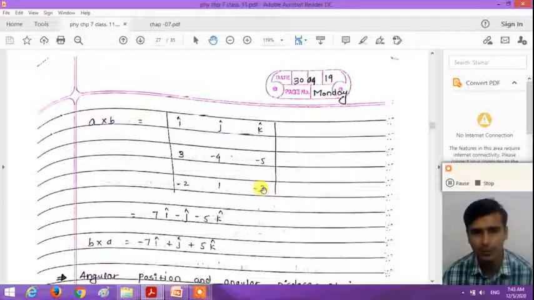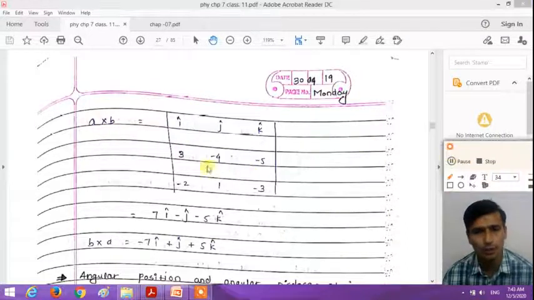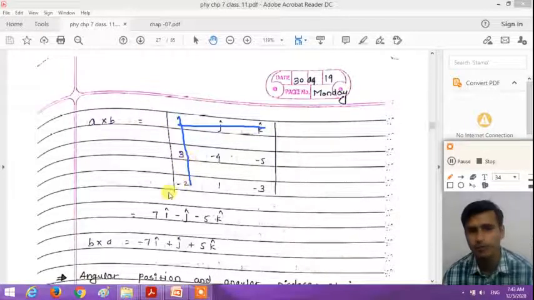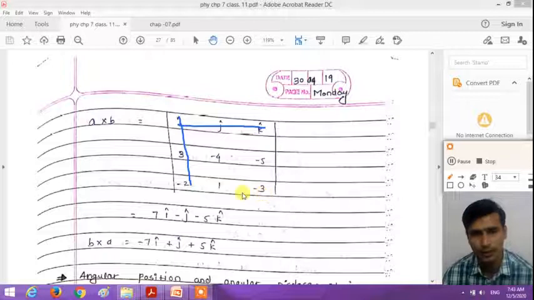Now how do we find the x component of A cross B? If you want to find the x component i, eliminate the row and column containing i. Then cross multiply the components. So here minus 4 into minus 3 gives 12, minus 1 into 5, that is minus 5, so you get the answer.